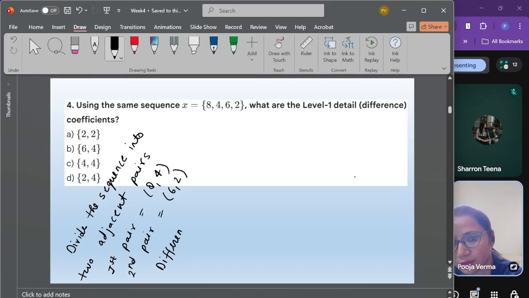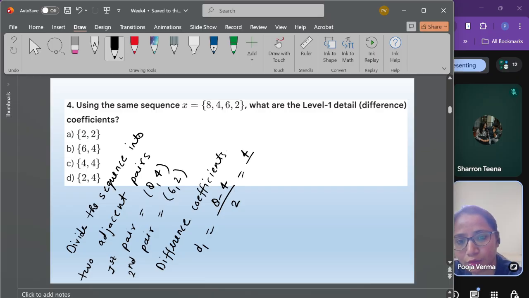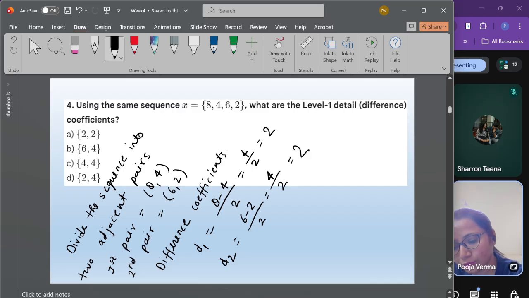The difference coefficient. So I just need to take a difference. First, d1 is 8 minus 4 divided by 2, that is 4 by 2, which is 2, and d2 is 6 minus 2 divided by 2, that is 4 by 2, which is also 2.